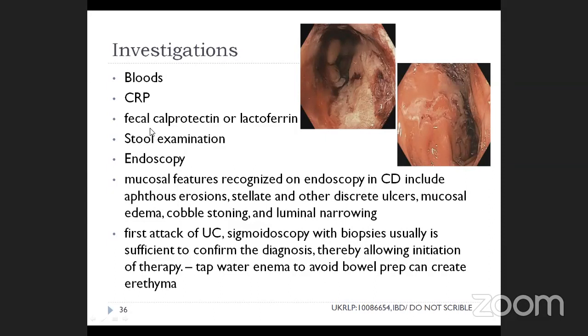The use of fecal calprotectin and lactoferrin, I'll tell you about these two things in the next few slides. Stool examination is more important to know the cause of the diarrhea and the abdominal pain. If there is an infective cause of diarrhea, that has to be treated, and if no cause has been found, we have to think about inflammatory bowel disease.